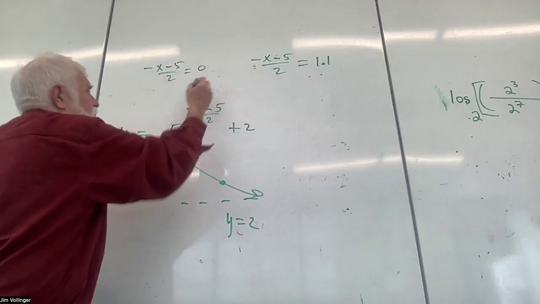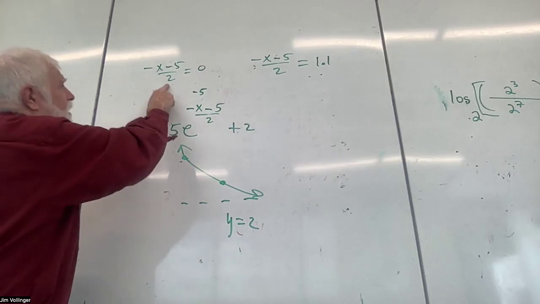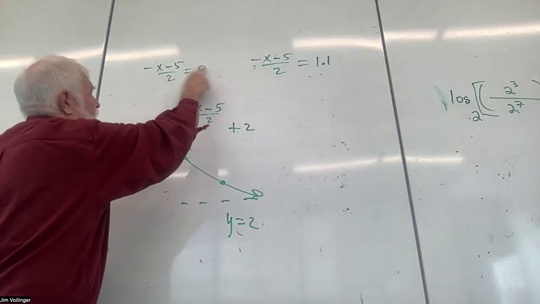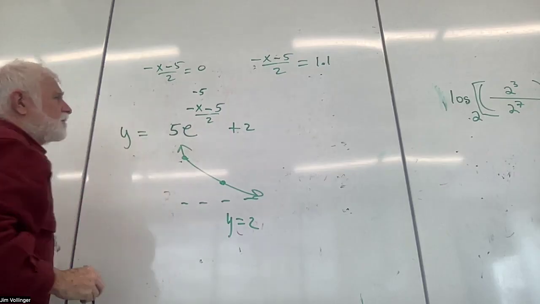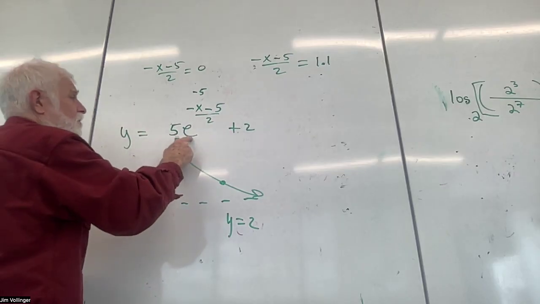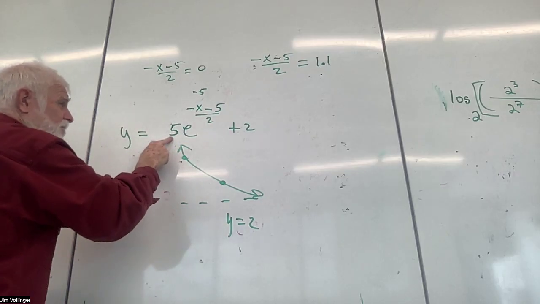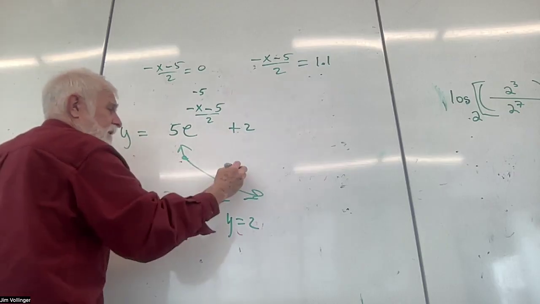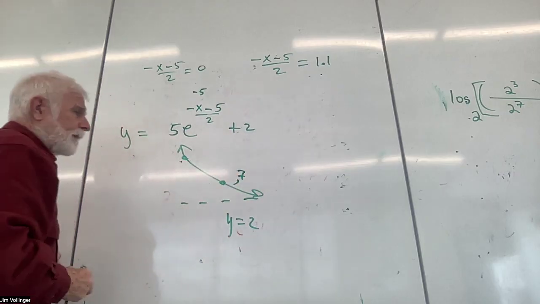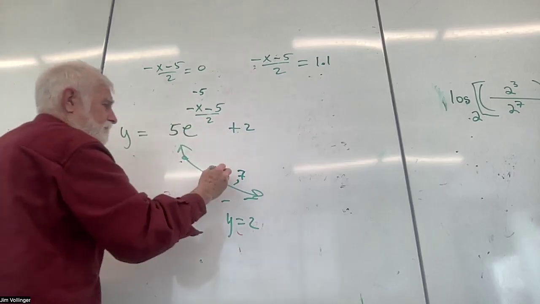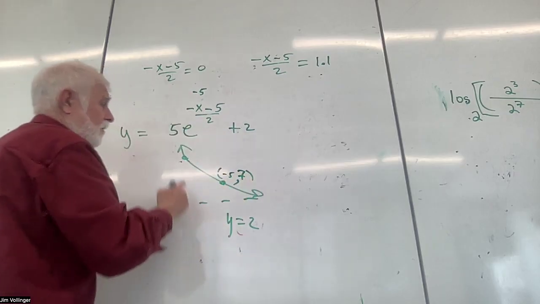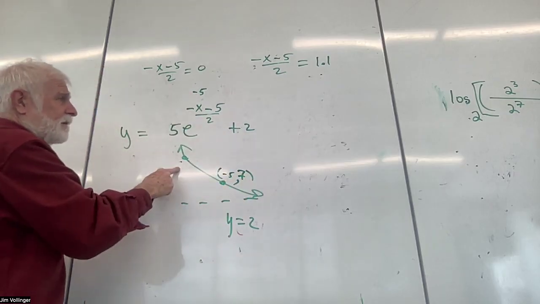So -5. I hope everybody can see that. 2 times 0 is 0. Add 5 and then take the opposite of it. So -5 gets me e to the 0, which is a jump of 5, which is my smaller jump. Plus 2 is 7. So that gets me this one, and we picked -5. Now, 3 times bigger on decay is going to be to the left.